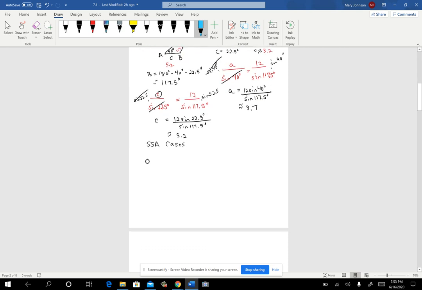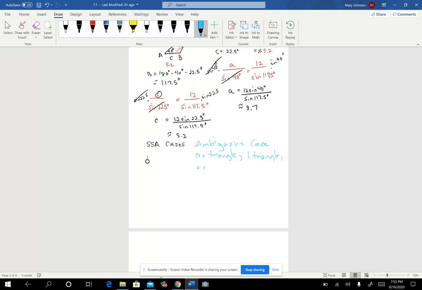What we're going to look at now is when they give you two sides and an angle. This is sometimes called the ambiguous case. Because you might have no triangle, really. Maybe the information they gave you doesn't really form a triangle. You might have one triangle, exactly one.